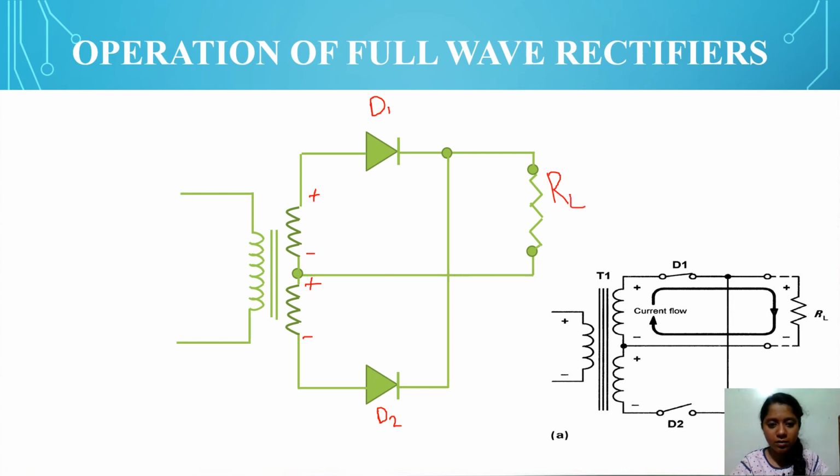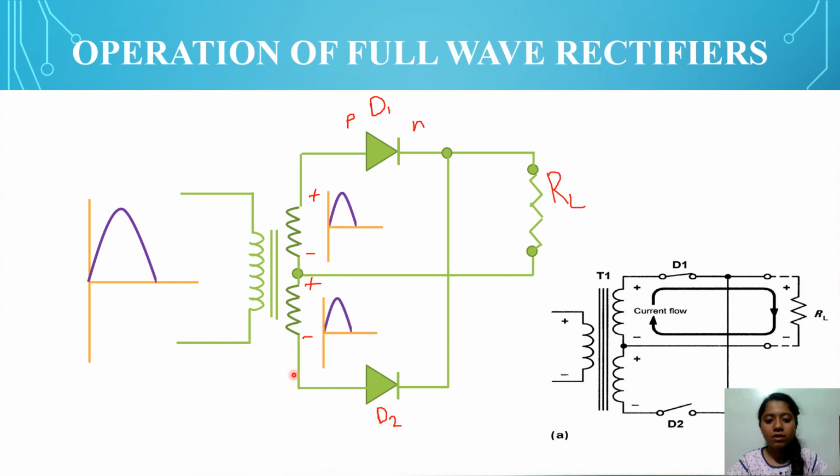This is P type and this is N type. So now the first case is the positive half cycle. In the positive half cycle, with diode 1, positive is connected to P type. Since positive is connected to P type, it acts as a forward bias.